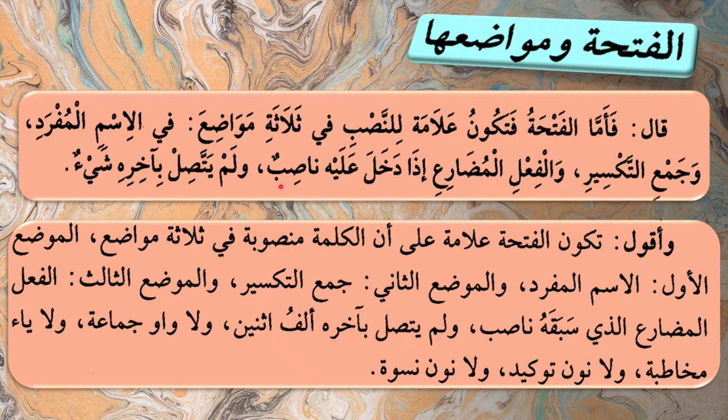Nasib is the tool of nasb. وَلَمْ يَتَّصِلْ بِآخِرِهِ شَيْءٌ. That means at the end of the fi'l mudari' you don't see anything added, just a sahih letter. Then you will see a clear fatha as soon as the tool of nasb enters before a fi'l mudari'.